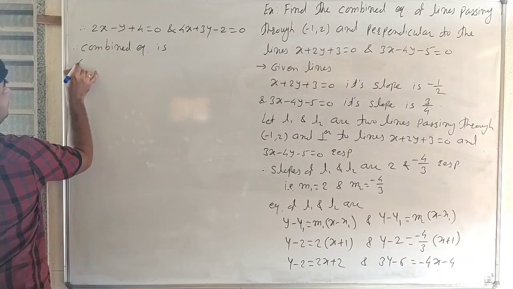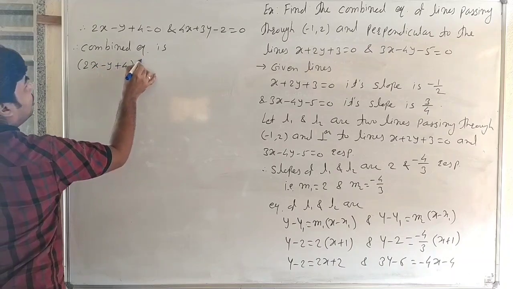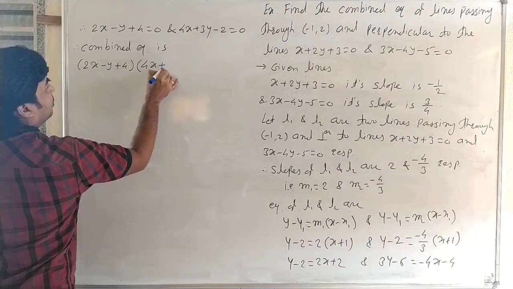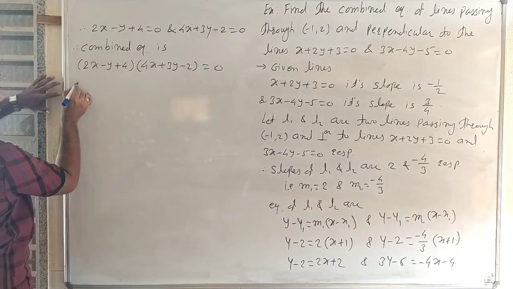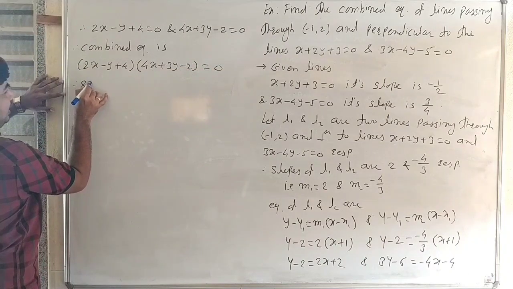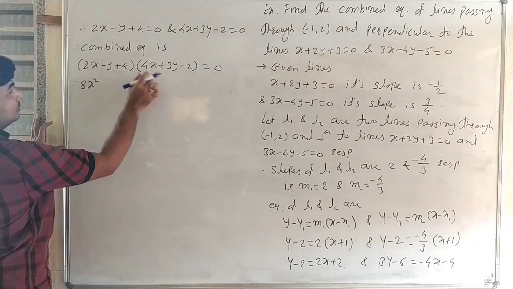The combined equation is (2x - y + 4)(4x + 3y - 2) = 0.